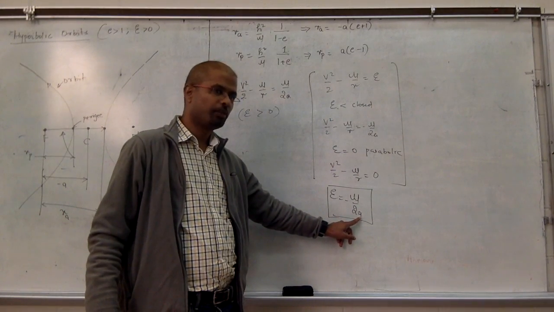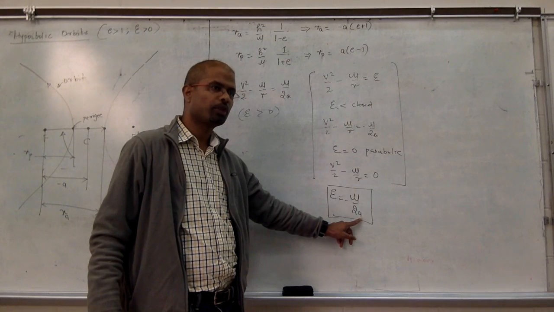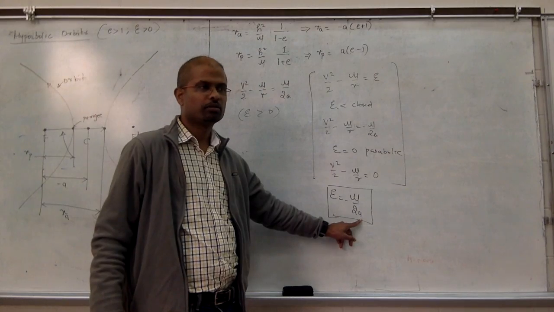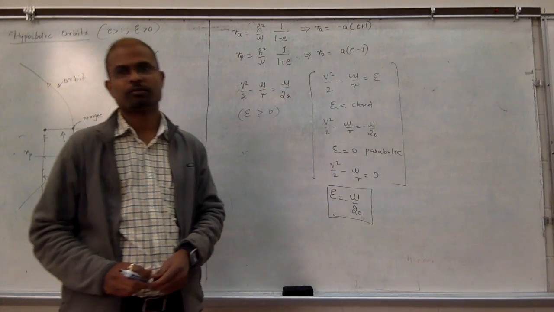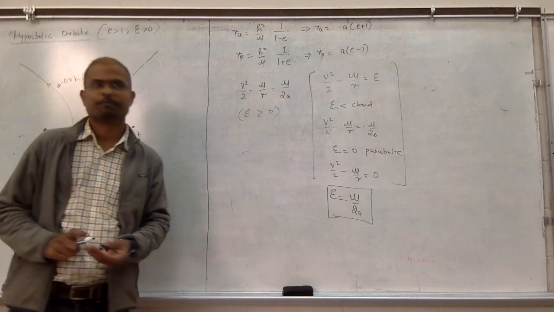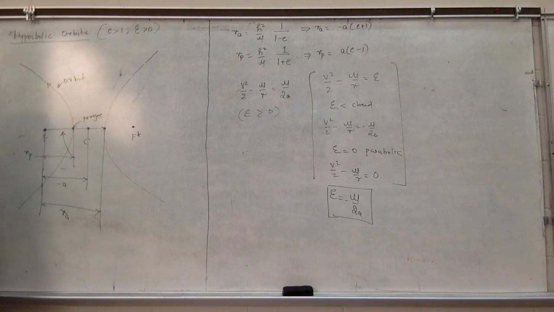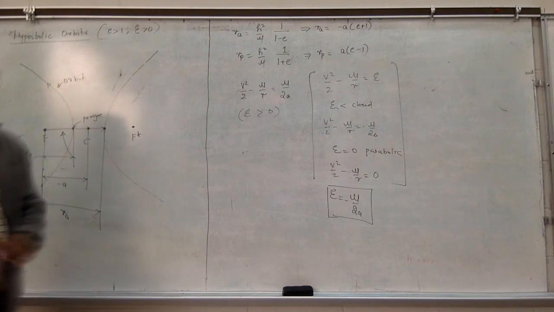So what it means is, whether it is an elliptical orbit, circular orbit, or parabolic orbit, if they have the same a, can they have the same energy? Let's think about a circular orbit and an elliptical orbit. Can we have the same a? They can have the same a. I thought a depends on the shape.